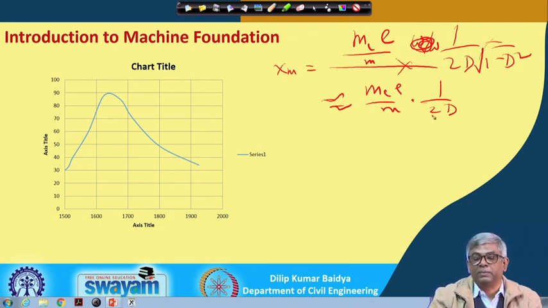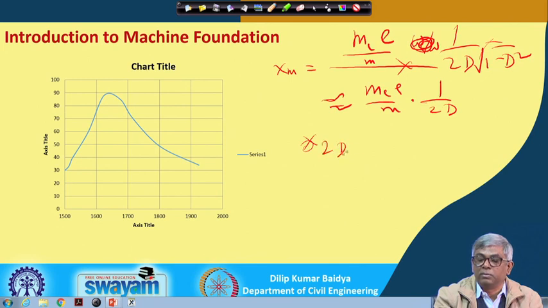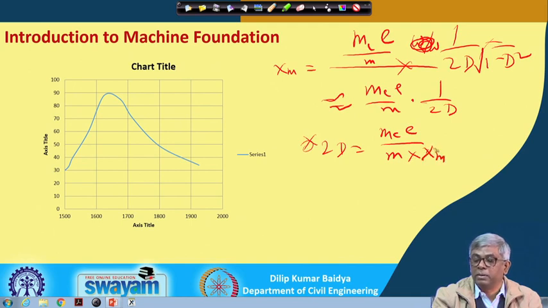This approximation can be done. I know Xm, so I can say 2d will be equal to m e over m multiplied by Xm.